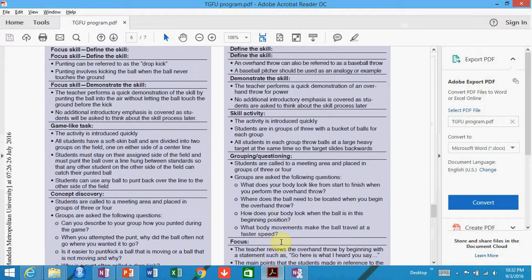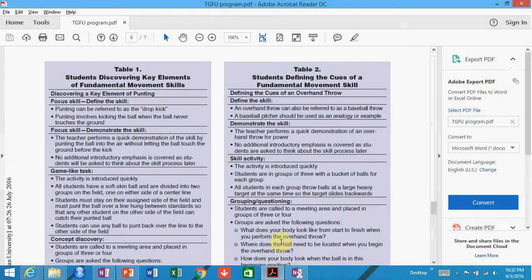As I said, we changed our pedagogy from the skill-based approach, which was very isolated, where you do the activity in isolation away from a game, to teaching games for understanding, where you incorporate the skill into a game setting. So here is one example, but we'll come back to this just now.